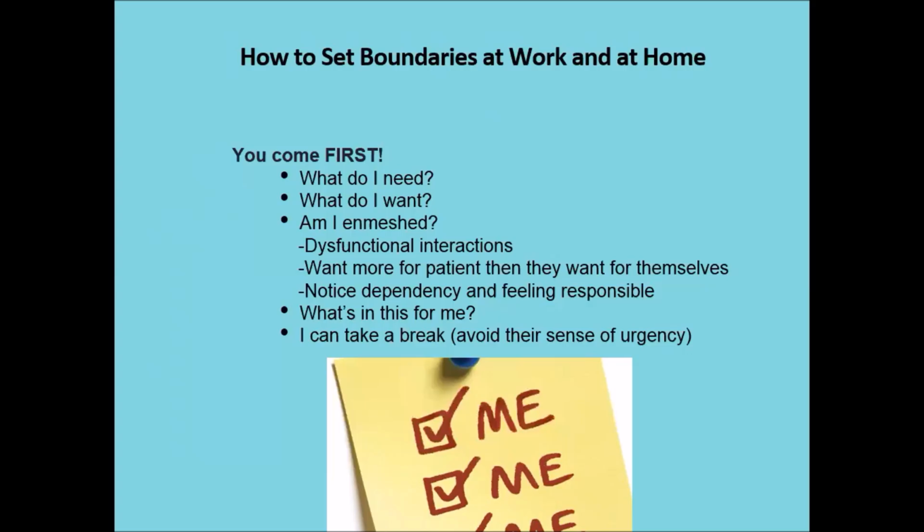So it becomes really convoluted and enmeshed, and that is something that quickly tells you you don't have healthy boundaries. So you come first. If you're enmeshed, it's time to start creating a plan to release those dysfunctional patterns and adopt new, healthy, functional patterns.